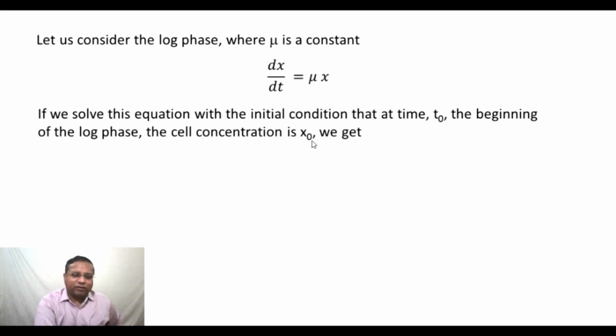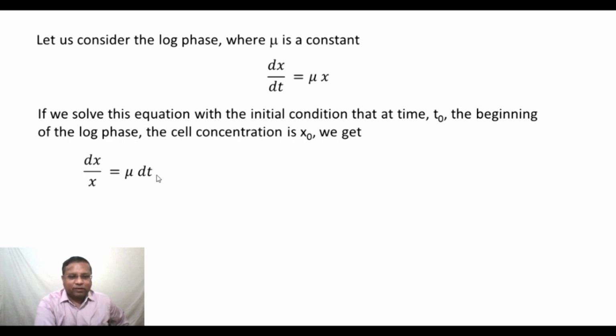X0 may not be very different from the concentration at the start of the batch, but sometimes there might be a difference. It has changed a little bit. So you need to have clarity on what x0 actually is, because this model where mu is a constant is applicable only to the log phase, not any other phase.